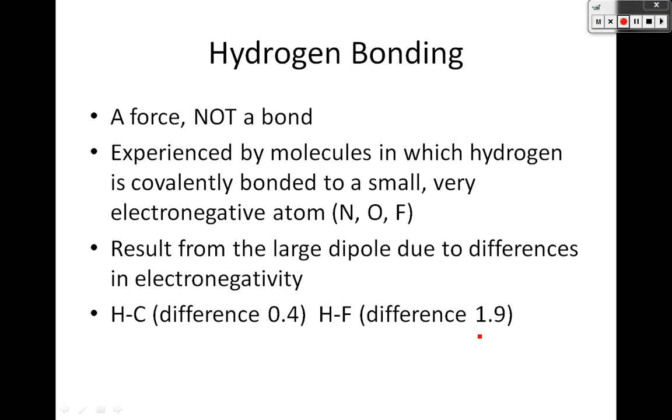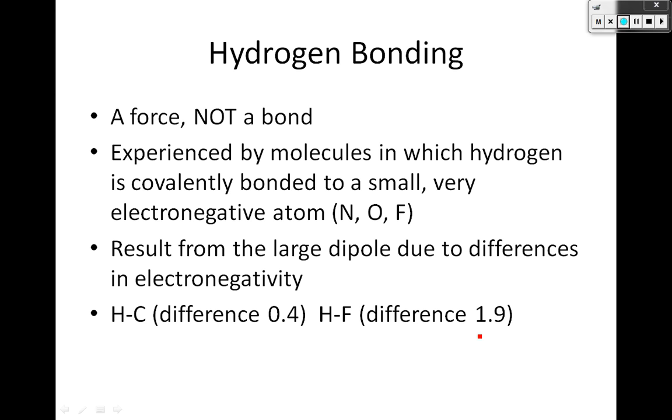So now let's look at hydrogen bonding. I want to reinforce again that hydrogen bonding is an intermolecular force. It's not a bond. Hydrogen bonding is only about 5% as strong as your average covalent bond.